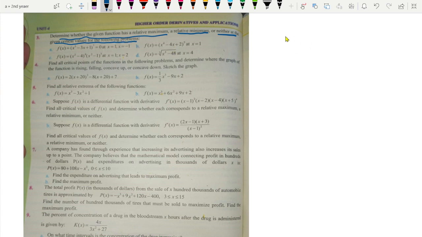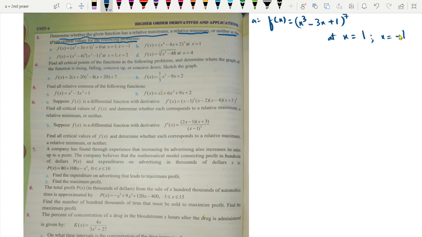Okay, so we have a function f of x equal to (x^3 minus 3x plus 1) to the power 7, at x equal to 1 and x equal to minus 1.